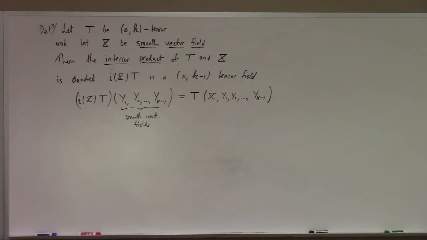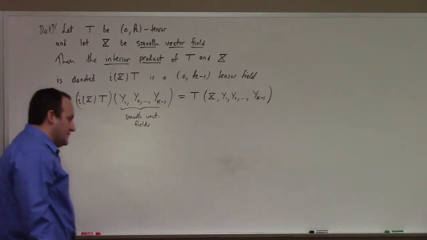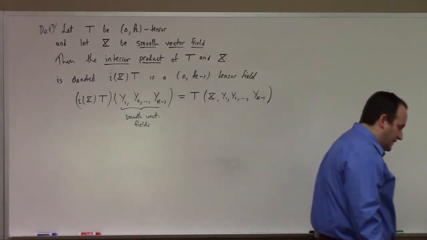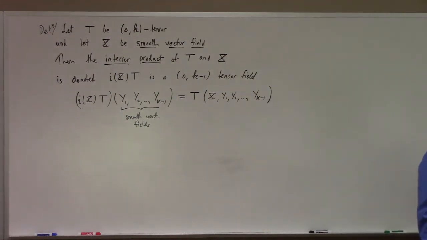This is the coordinate-free version of a contraction. In physics, contraction is one of the principal methods we use to construct scalars, things that are invariant under coordinate change. If you have a contravariant and a covariant index and they're summed over one against the other, when you do a coordinate change, they transform inversely.